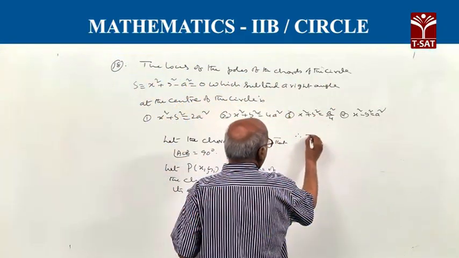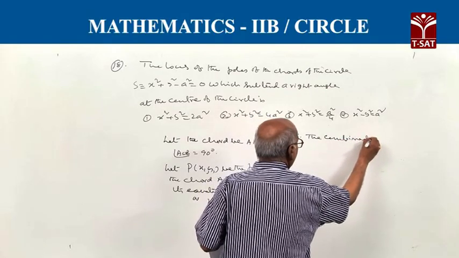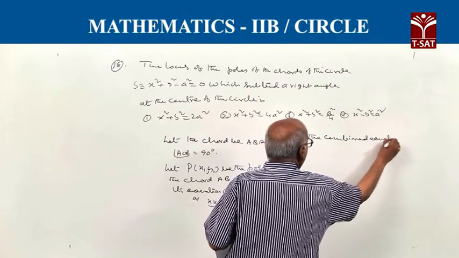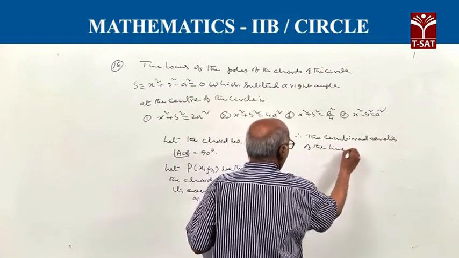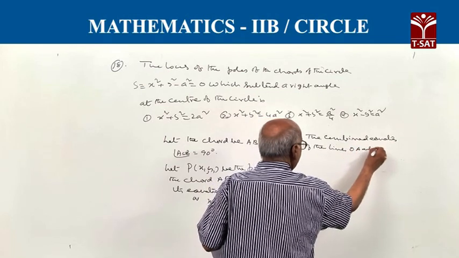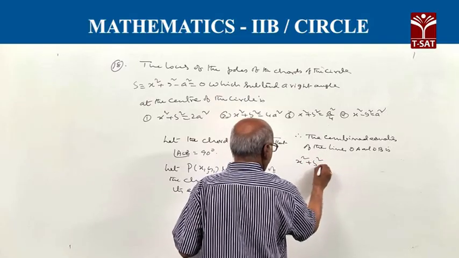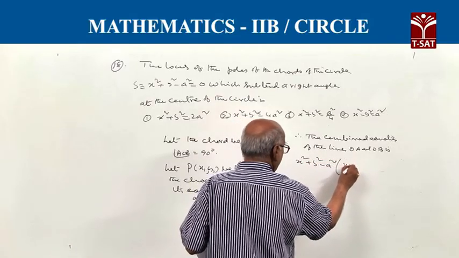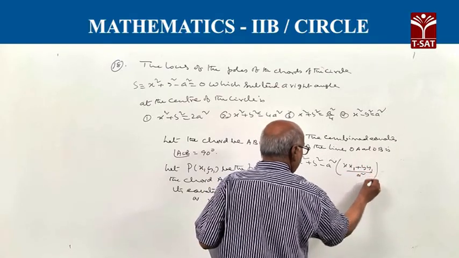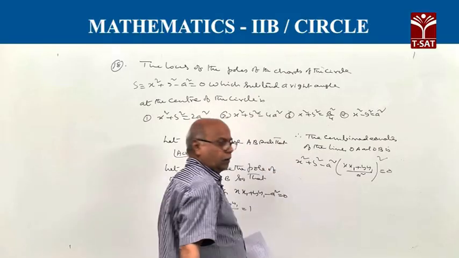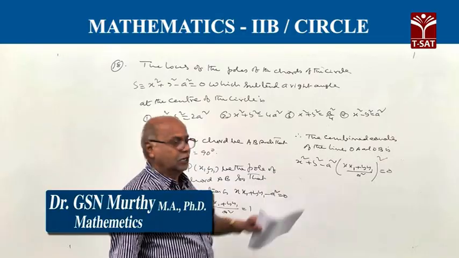So therefore, the combined equation of the lines OA and OB is x² + y² − a²((xx1 + yy1)/a²)² = 0. And you know that this process is homogenizing the circle equation with the straight line equation.